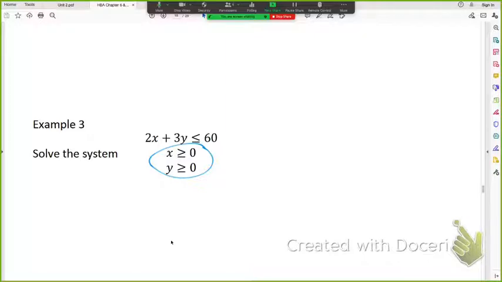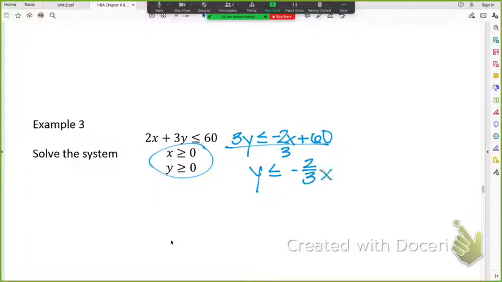Solve it for y. So I would subtract your 2x first. And then divide everything by what? 3. Remember, in these, just as other inequalities, if you multiply or divide by a negative number in the process of solving, what do you have to do to your inequality sign?